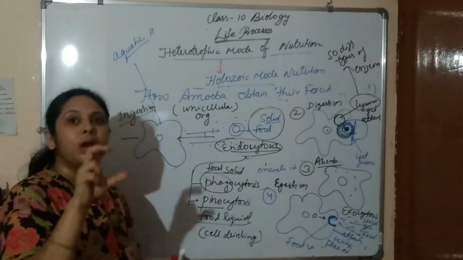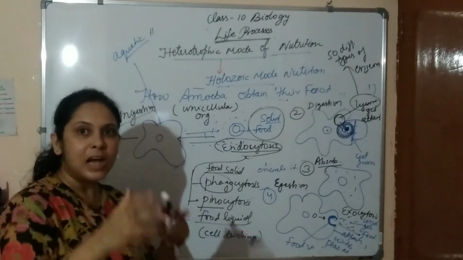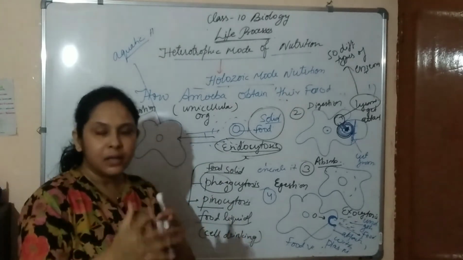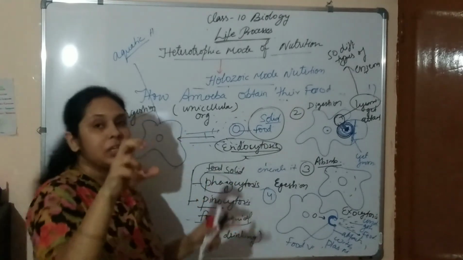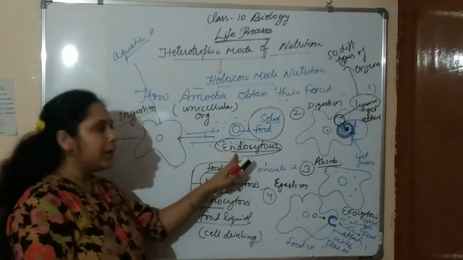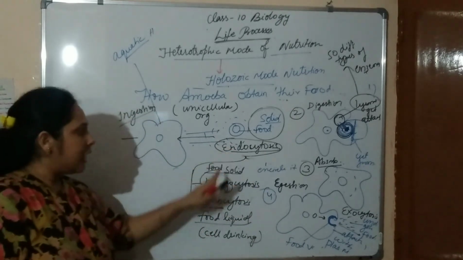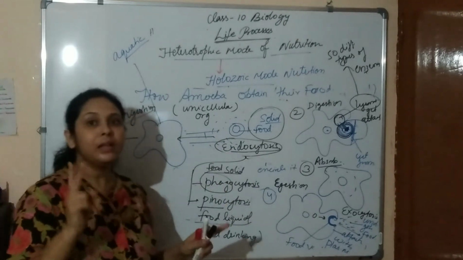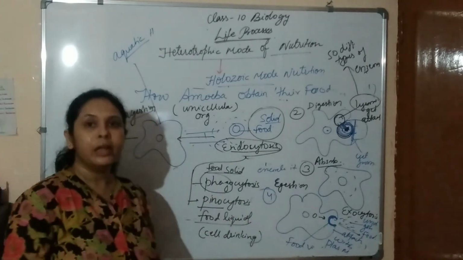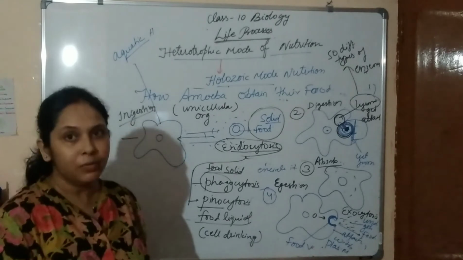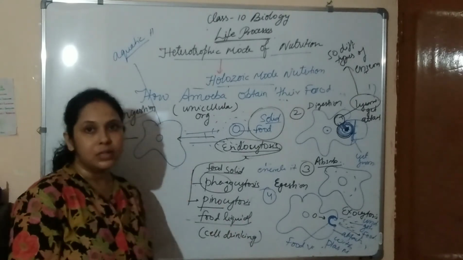This process is called endocytosis, because the plasma membrane is doing the activity. Endocytosis is of two types. If the food is solid, we call it phagocytosis. If the food is in the form of liquid, we call it pinocytosis.